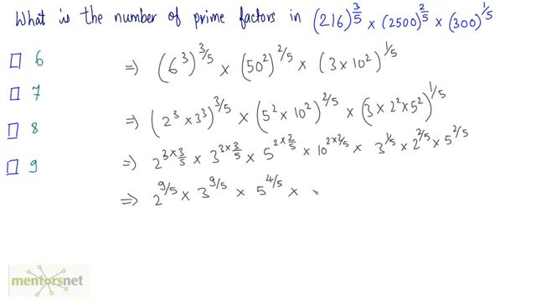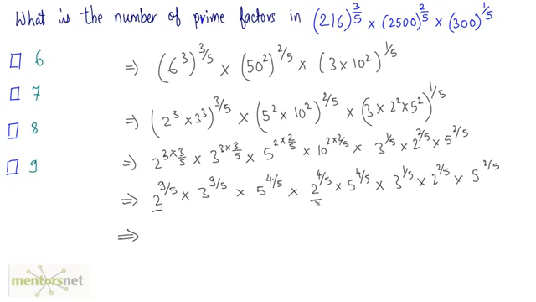So I have, basically this is 10 raised to 4 by 5, and 10 raised to 4 by 5 can be written as 2 raised to 4 by 5 times 5 raised to 4 by 5 multiplied by 3 raised to 1 by 5 times 2 raised to 2 by 5 times 5 raised to 2 by 5. Well, this is getting out of control, I think. Let us simplify it further.